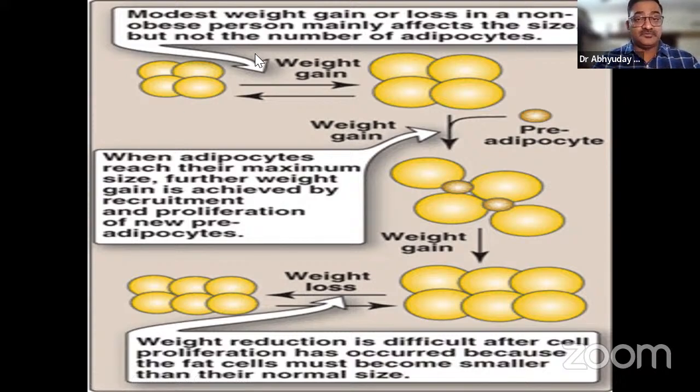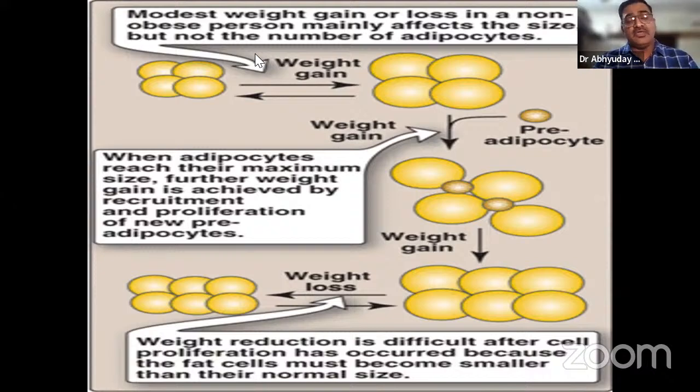This I won't go into detail, but just to understand how modest weight gain or loss in a non-obese person mainly affects the size but not the number of adipocytes. But when these adipocytes reach their maximum size, further weight gain is achieved by recruitment and proliferation of new pre-adipocytes. And weight reduction is difficult after the cells have already proliferated, because the fat cell must become smaller than its normal size if we want to see a weight reduction.